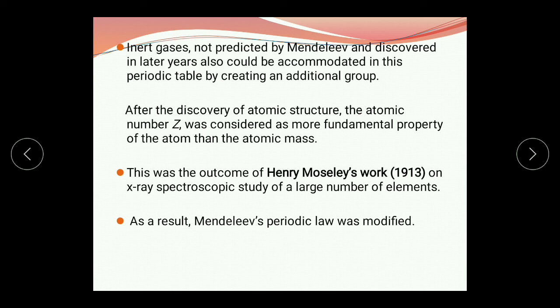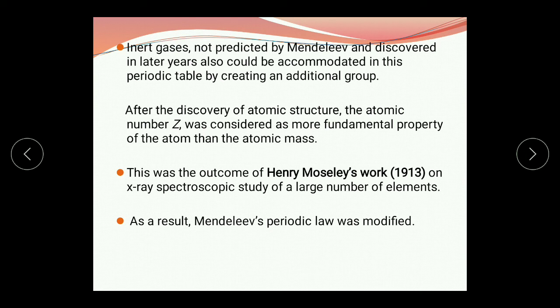But helium also exists with mass number 4, and lithium with mass number 3 is there. So which should be kept in the square with mass number 3, whether it should be lithium or tritium, which is the isotope of hydrogen? So the problem arises.